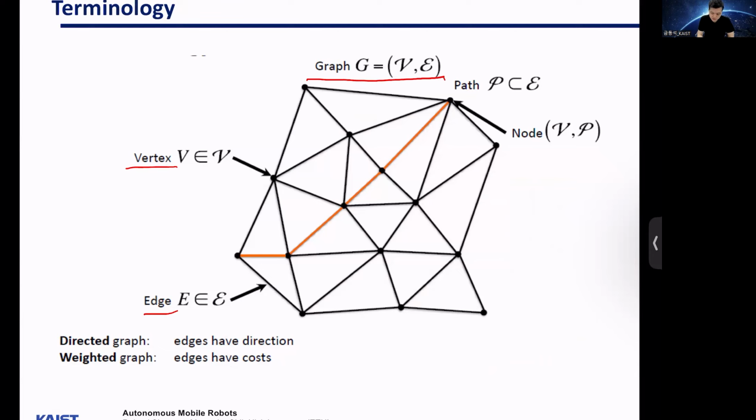A path P will be a subset of this edge set, and then a node is going to be described by V and P. There are directed graphs and weighted graphs: if edges contain direction information, or if edges have a cost value, then different graphs can be constructed.